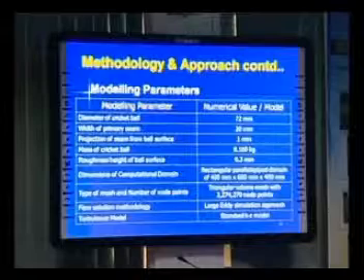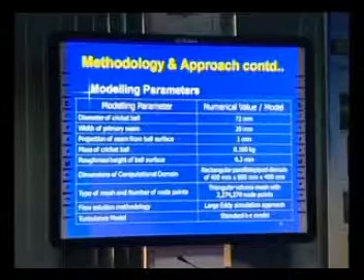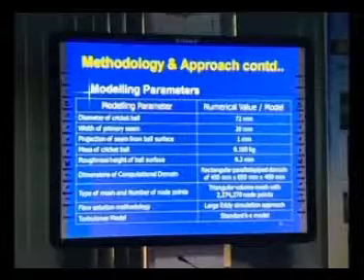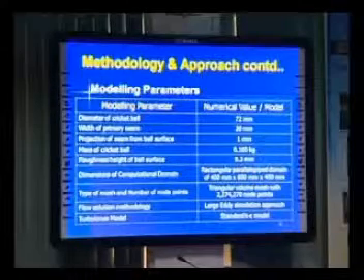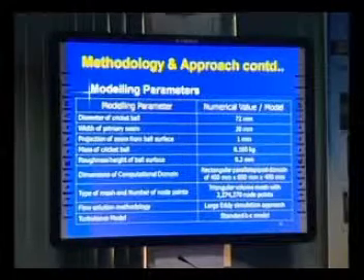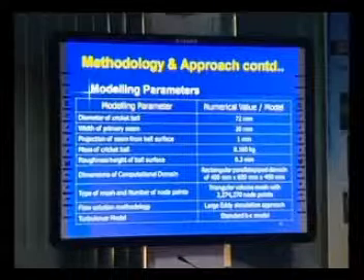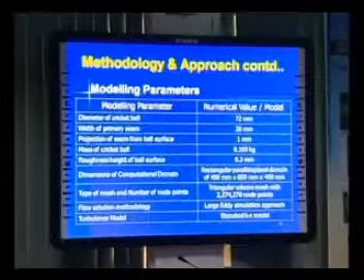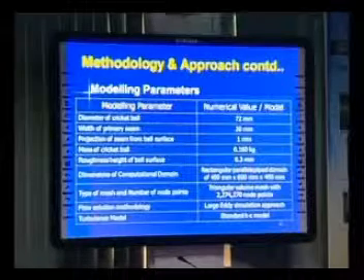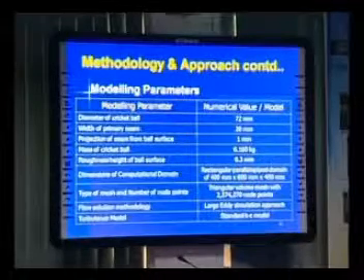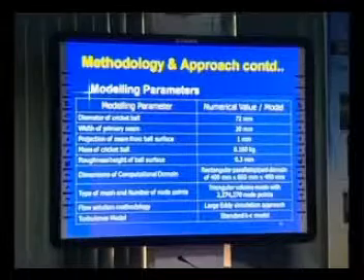Roughness height, of course, changes from one place to another, so it's very difficult to get one surface roughness value, but in most research papers they have used 0.3 millimeters, and we also managed to experimentally measure some of these roughness values. So basically we got a 0.3 millimeter roughness value for this study.